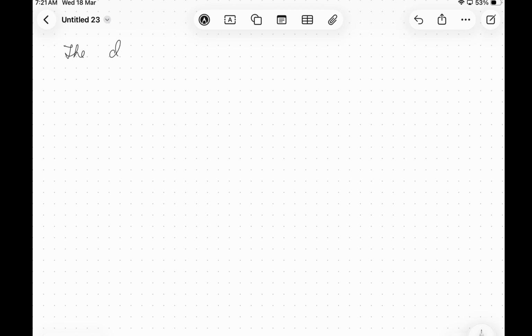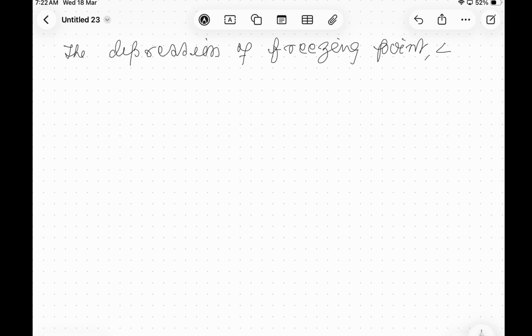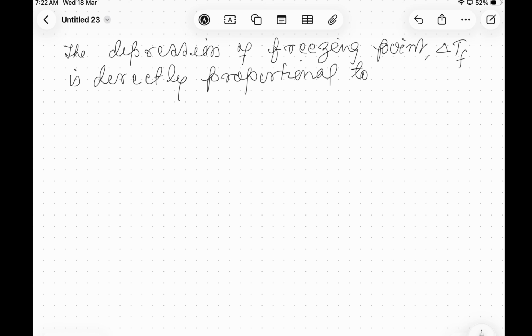The depression of freezing point, that is delta TF, is directly proportional to molality of solution.